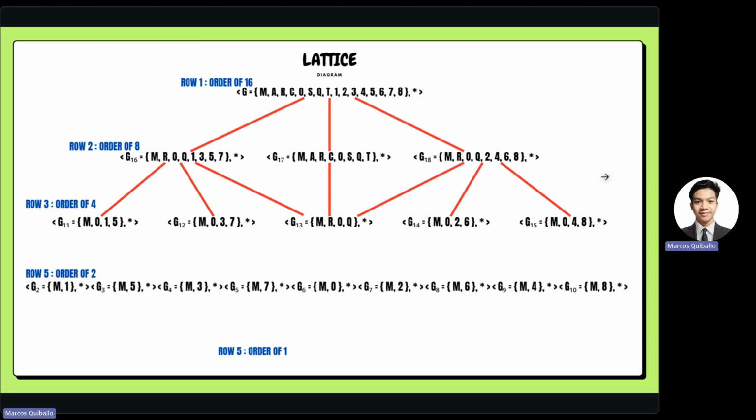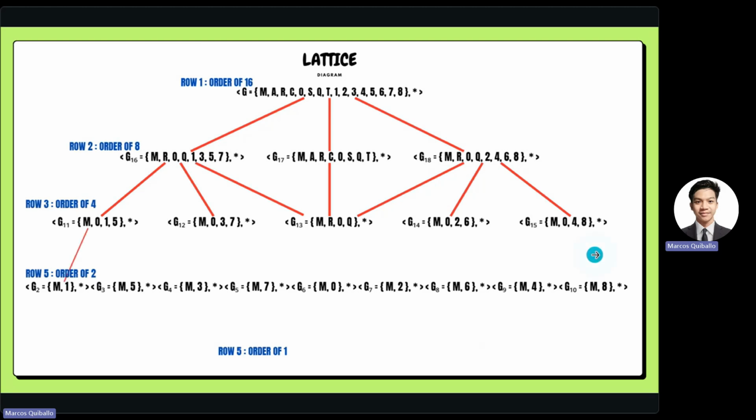So for row 3, order of 4, we have G sub 11 to G sub 15. All of the sets are order of 4. And for row 4, for G sub 2 to G sub 10, all of these sets contain two elements, which is order of 2.